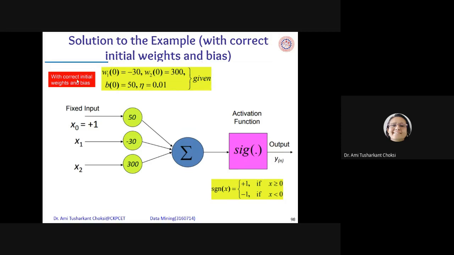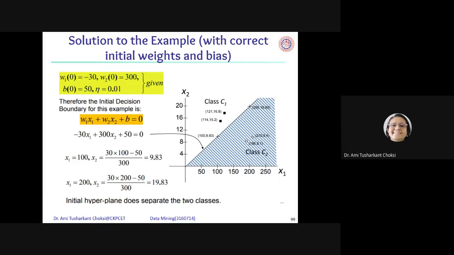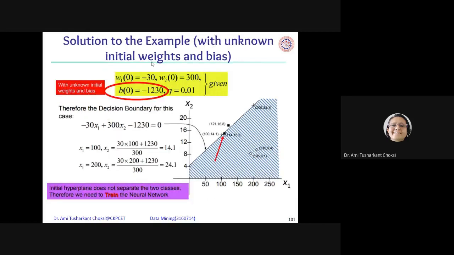The weights and bias were correctly given, and then we predicted. Now it is not known to us: unknown initial weights and bias. So what do we have to do? We have to assume the values and proceed. Okay, now let's see.